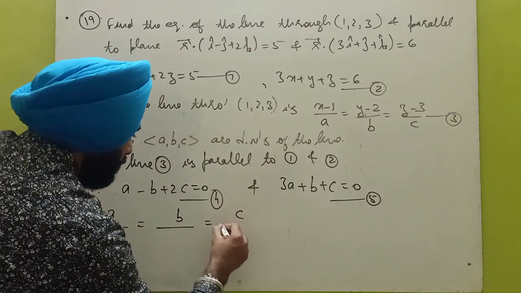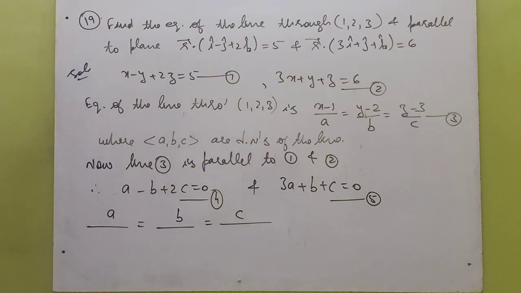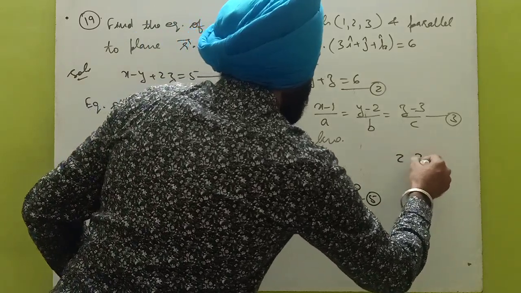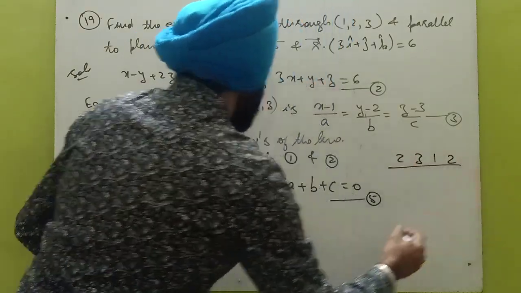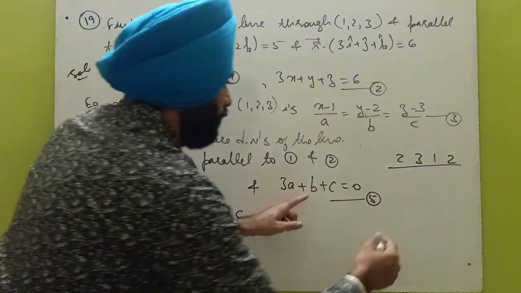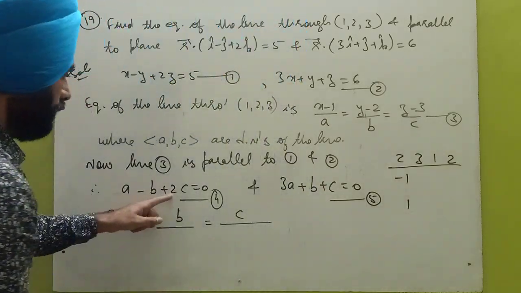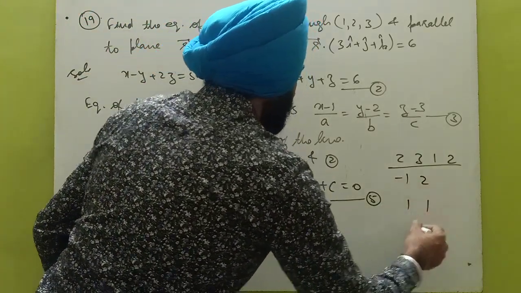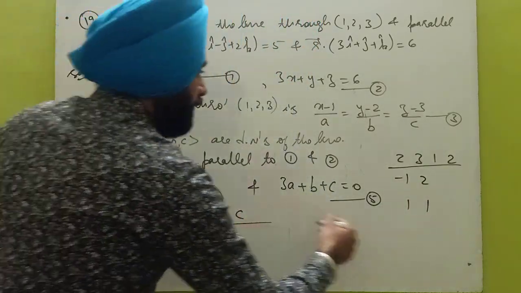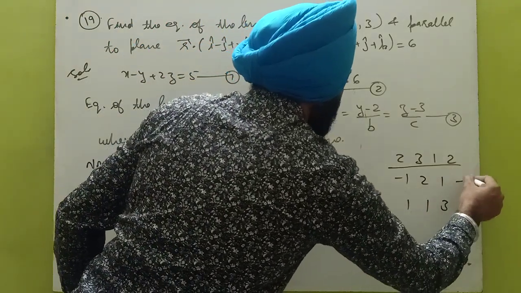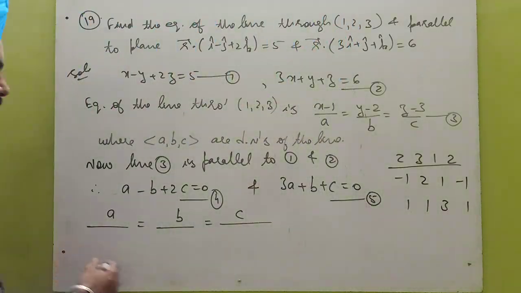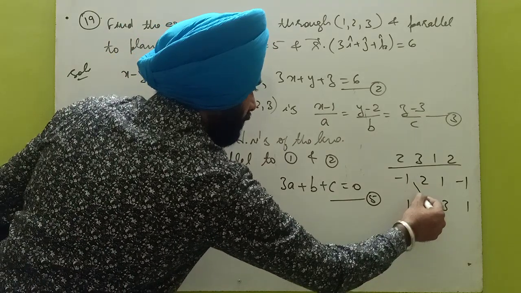We have already used this method in the previous videos also. So first of all, 2, 3, 1, 2. The coefficients of the second term are minus 1, 1. Third term 2, 1. First term is 1 and 3. Again second term there is minus 1 and 1. So in the first, put minus 1, minus 2.